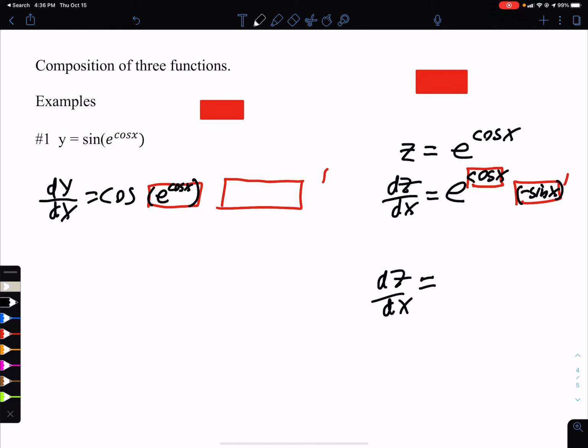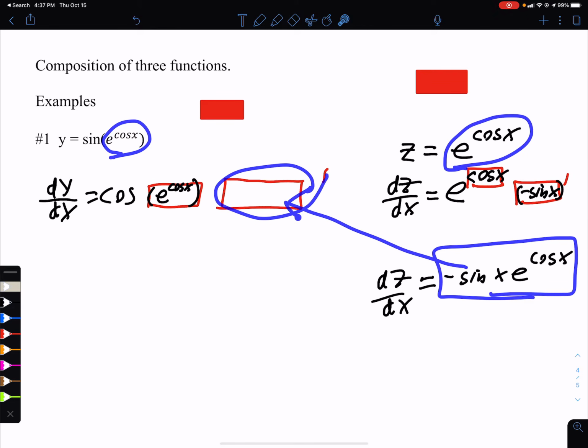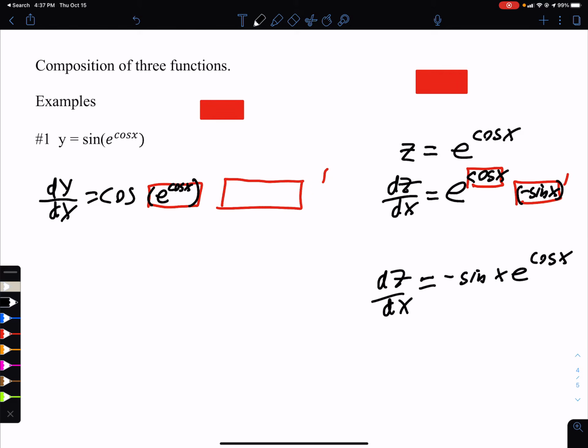So now when I take this derivative, it'll be minus sine x e^(cos x). So that's the derivative of that, which is box here. And I want the derivative of the box there, so this is the derivative of box, and I'm going to place that in there. All that ugliness. Minus sine x e to the cos x.